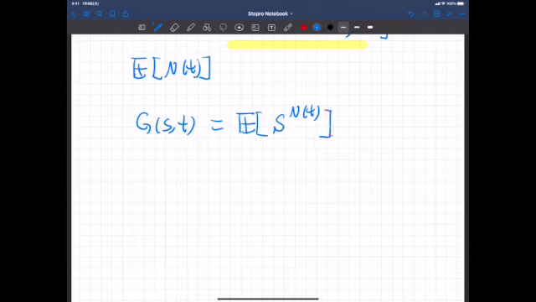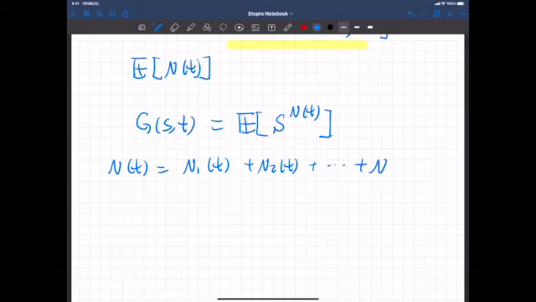Now, let us decompose this random variable into a summation of n1, n2, up to n0 of t.